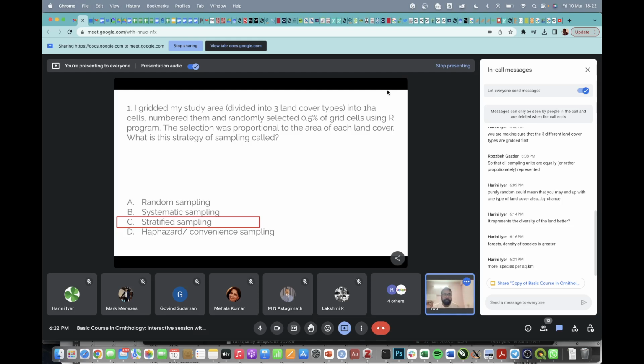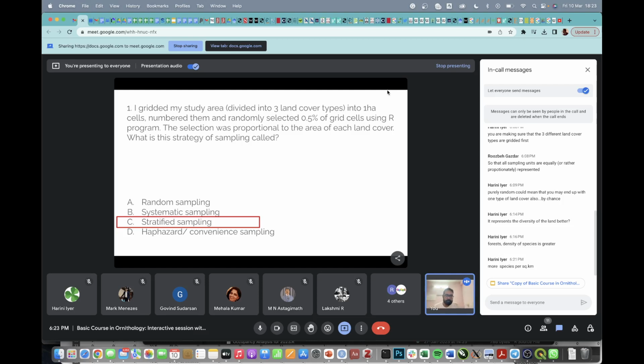But 500 plots in grassland would give a species area curve that plateaus much earlier than 500 plots in forest, which might actually require a little more. Say the forest has a very high species richness, then it will still require a lot more for the species area curve to plateau.